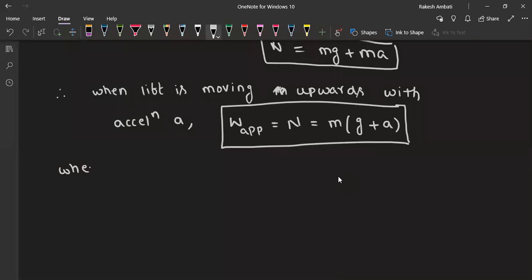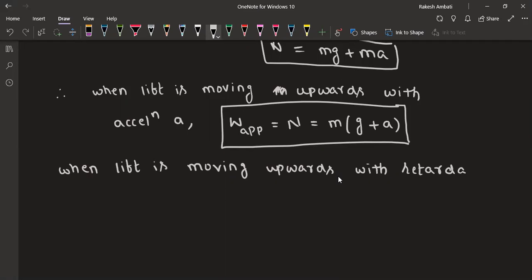Same case, a different point. When the lift is moving upwards, the same case I'm taking, the lift is moving upwards with retardation a.